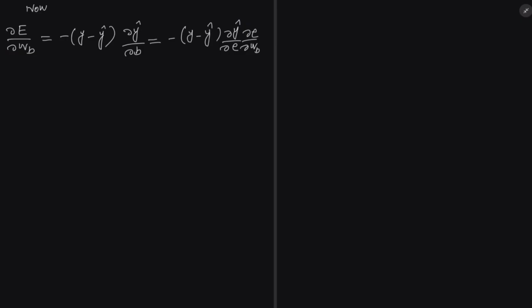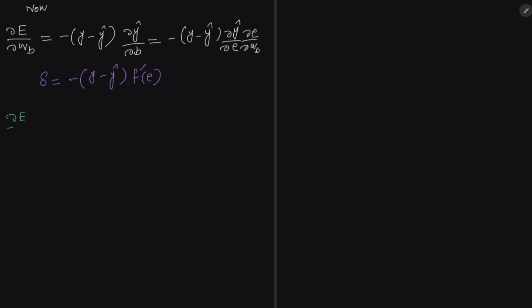Again, we call one term over here delta, which is y minus y hat, and what was y dash e? It was f dash e, partial e by partial wb, and we call that w, and then we put that value into the above equation.